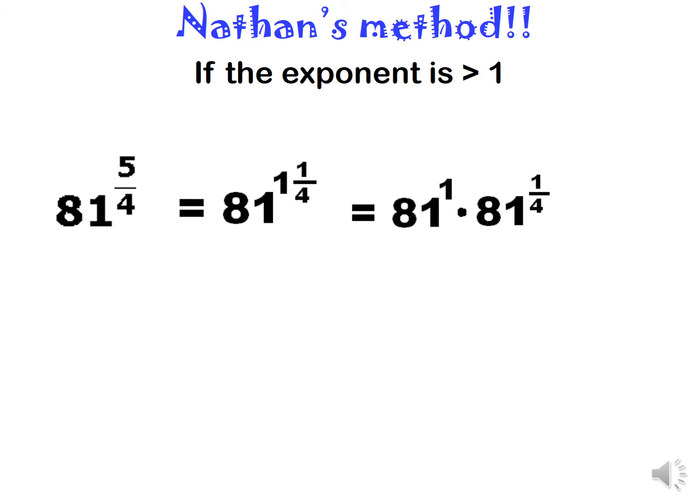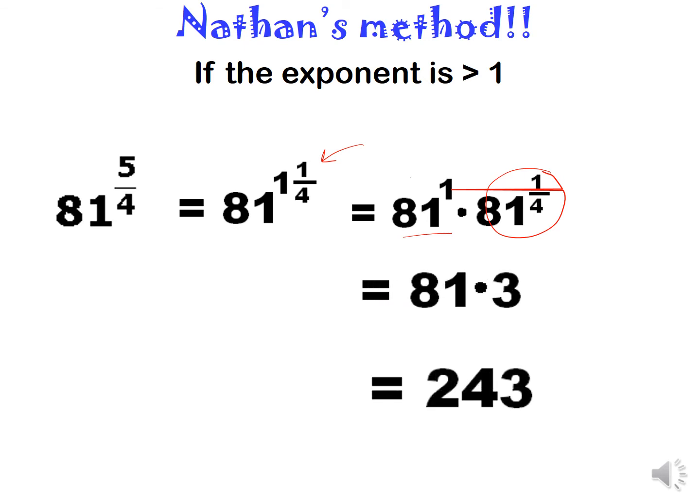So we have the 81 to the 1 times 81 to the 1/4. Keep in mind, if we were to multiply these together, we add the exponents and we get back to 1 and 1/4. So the ease of doing this is you have a smaller radical here and you know you're multiplying it by 1. So then we just do 81 times the 4th root of 81 and we get our answer.